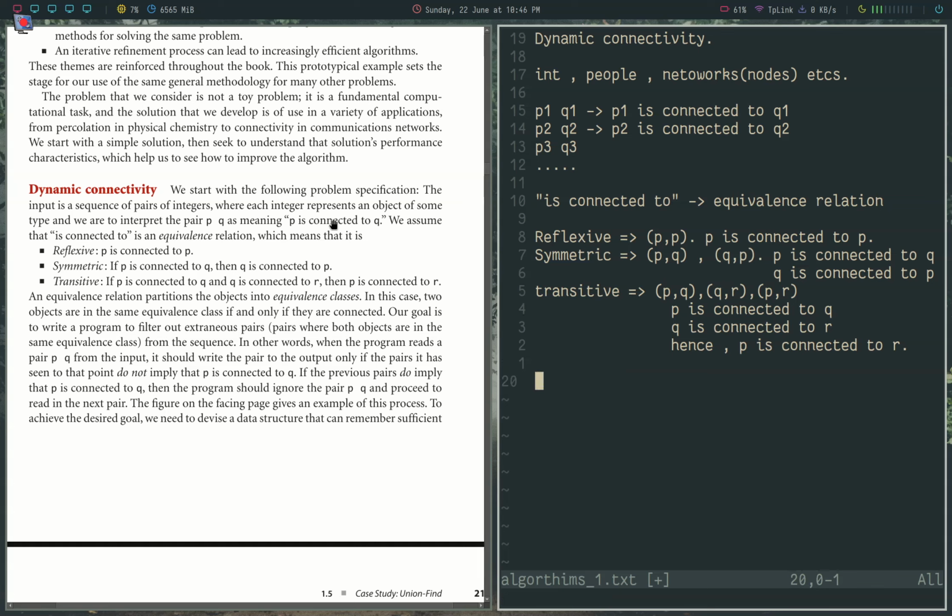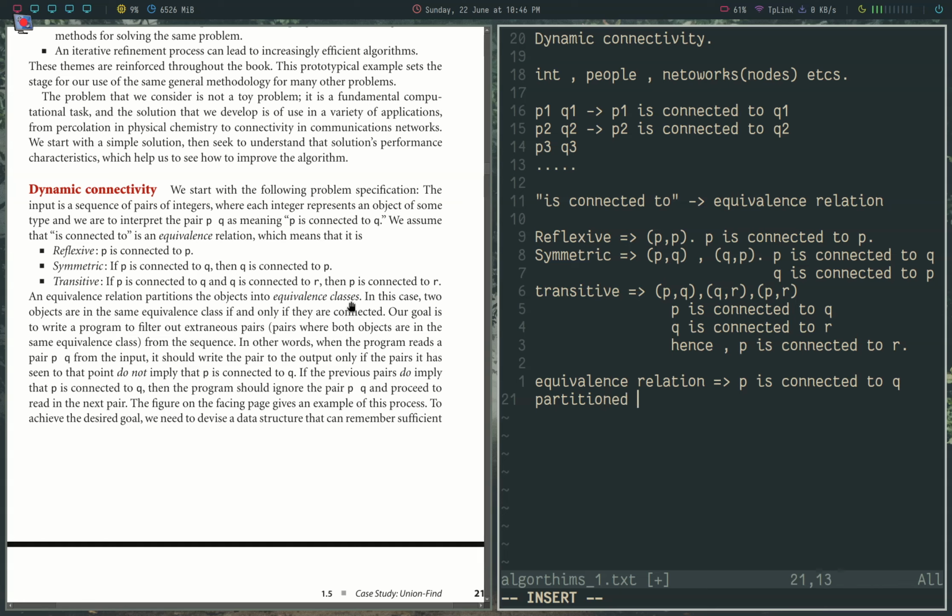Now an interesting thing which the book has given is that an equivalence relation partitions the objects into equivalence classes. What does this exactly mean? It means that you have been given an equivalence relation, that is, P is connected to Q. And now if you have been given a sequence of these numbers, it would be divided, that means partitioned.